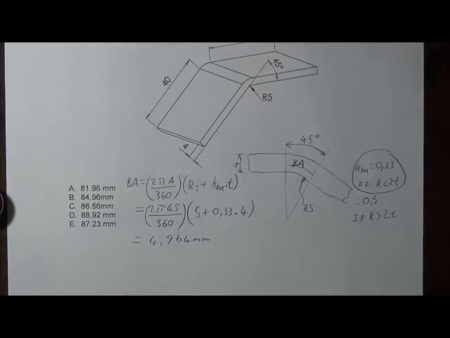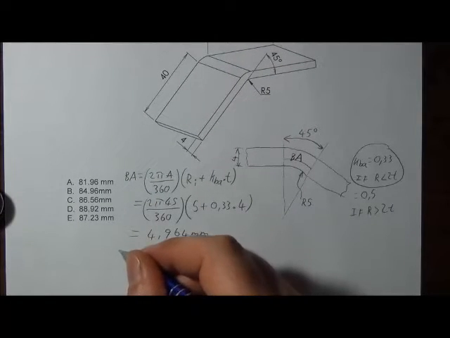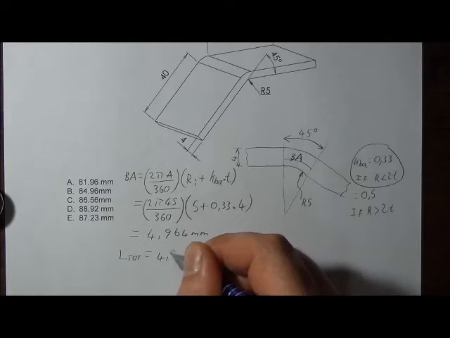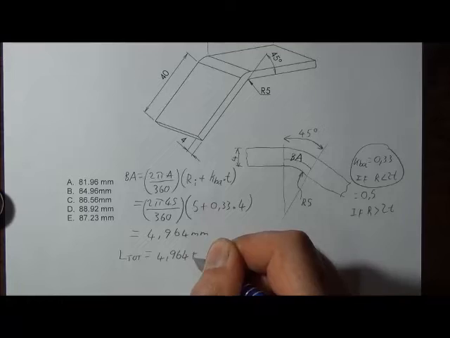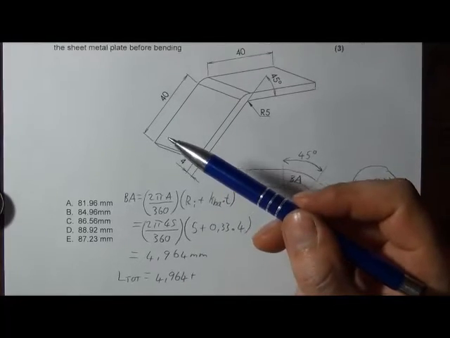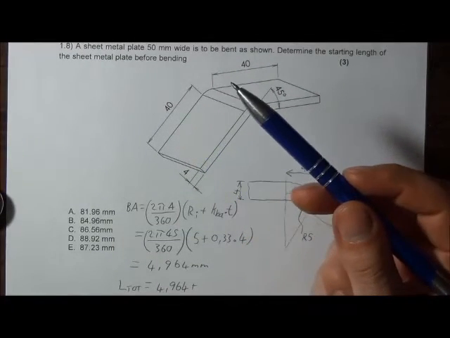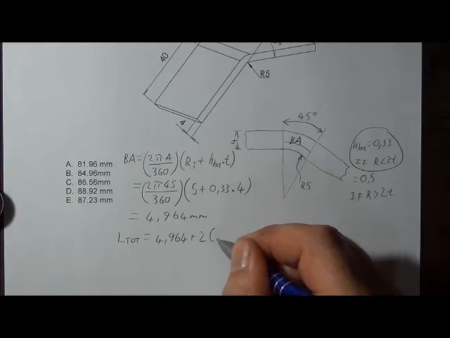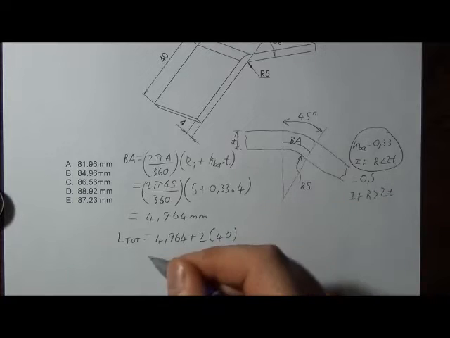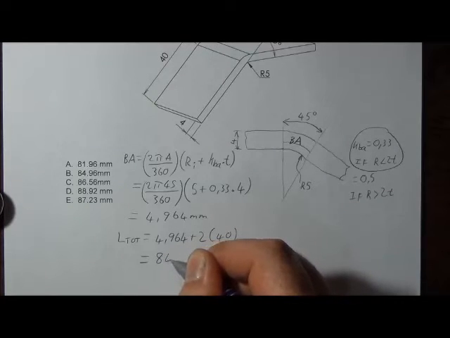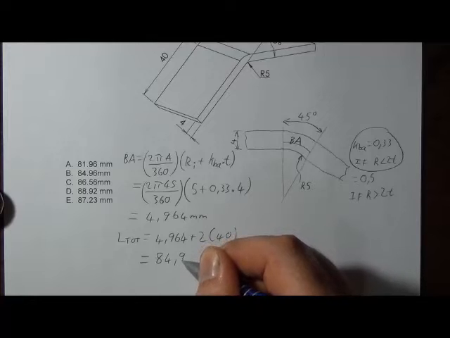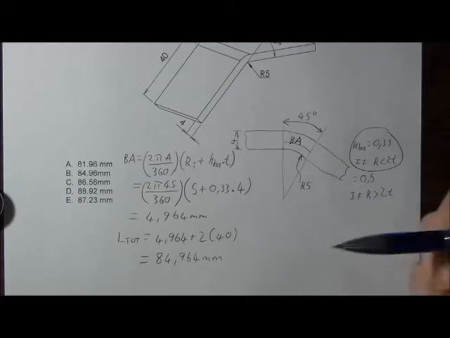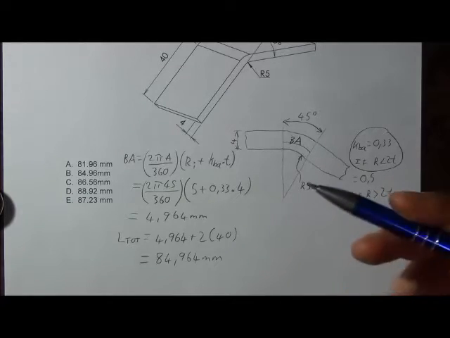So now my total length is my bend allowance plus the two straight portions of 40 millimeters each, which gives 84.964 millimeters.